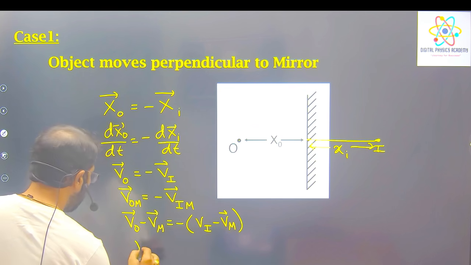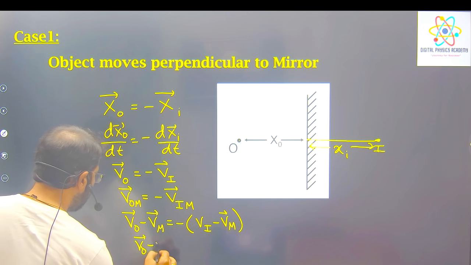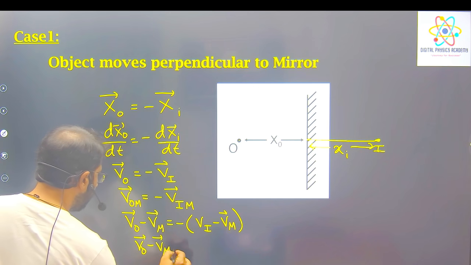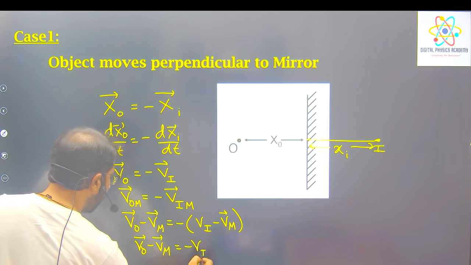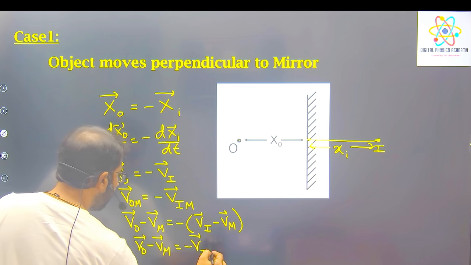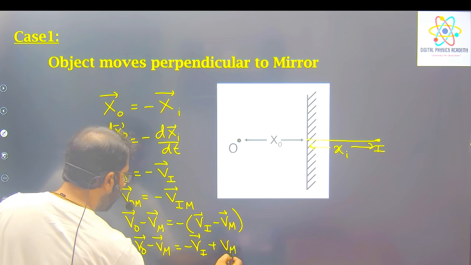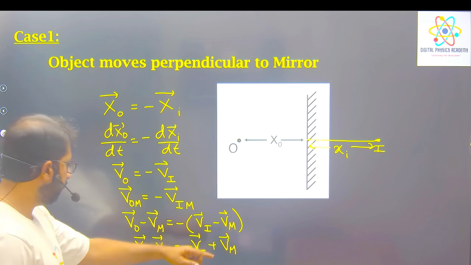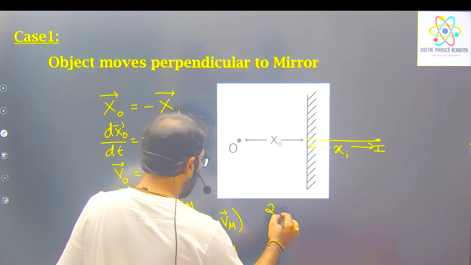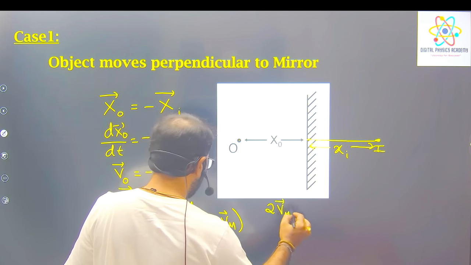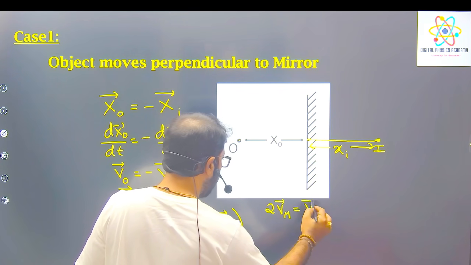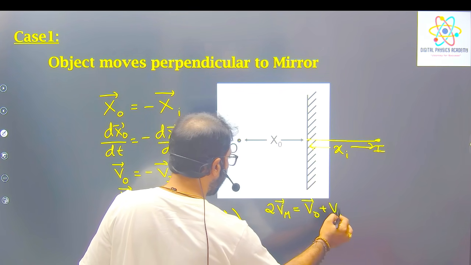So I will expand: velocity of object minus velocity of mirror is equal to minus VI vector plus VM vector. So when I send this to this side, 2VM vector is equal to VO plus VI.